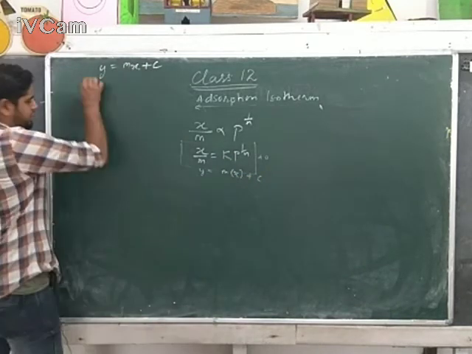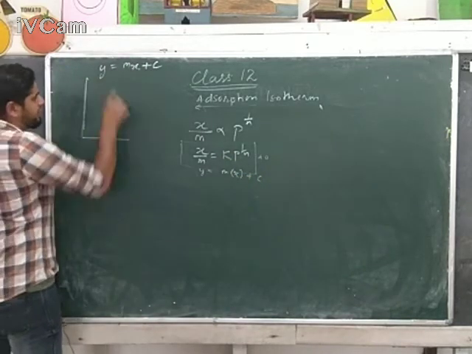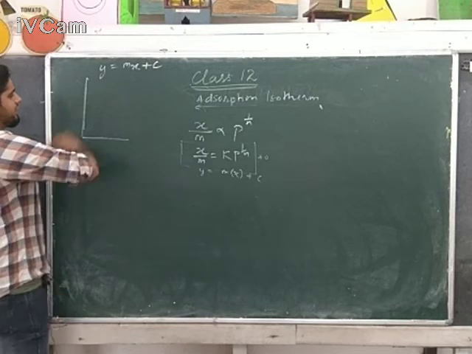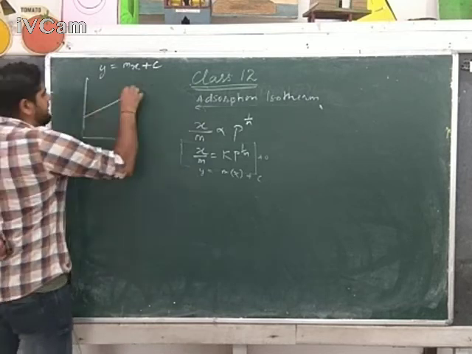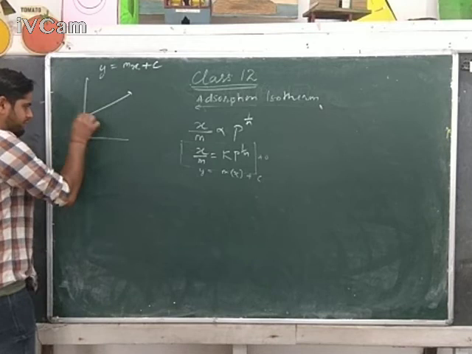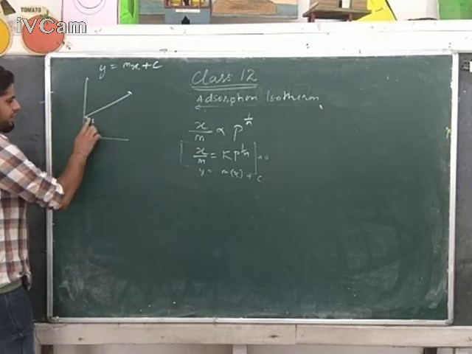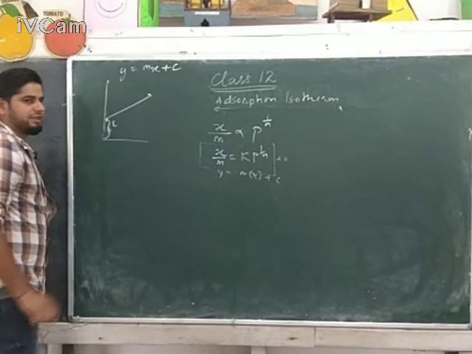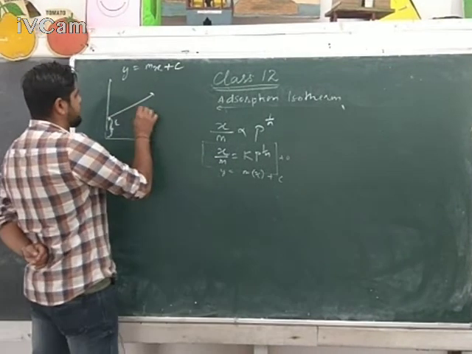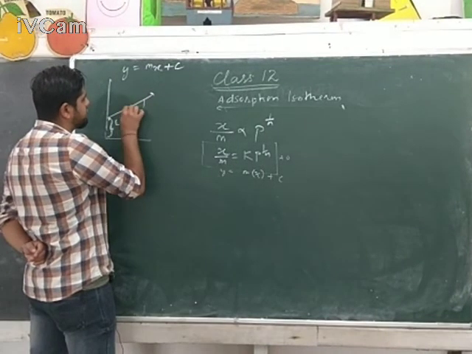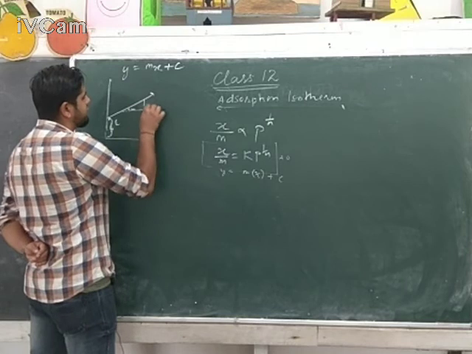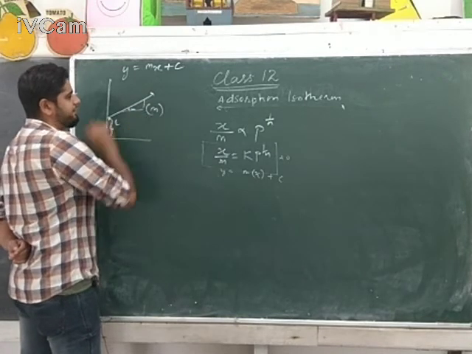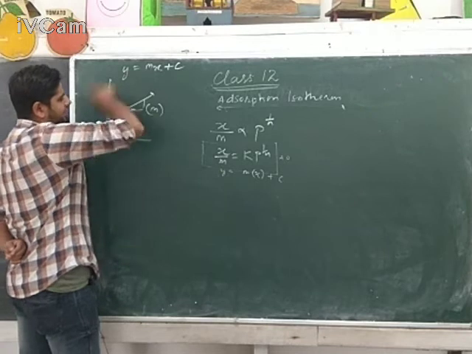If you draw the graph for y equals mx plus c, you will get this type of graph. This value will be c, called the y-intercept, and the slope theta is given by m.